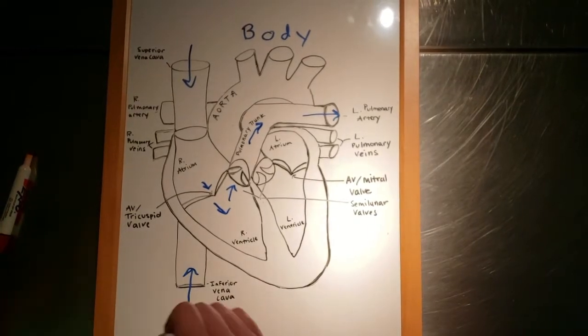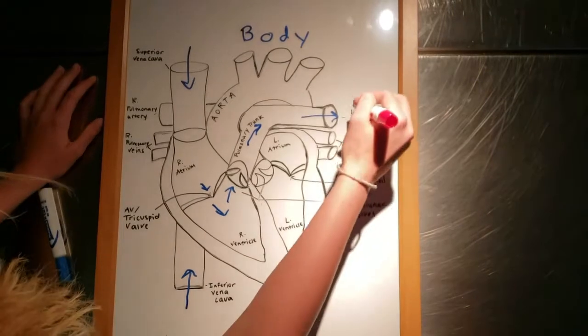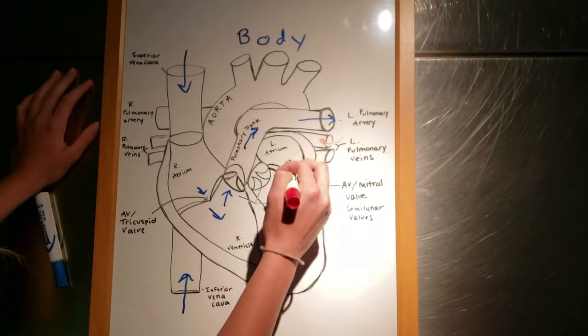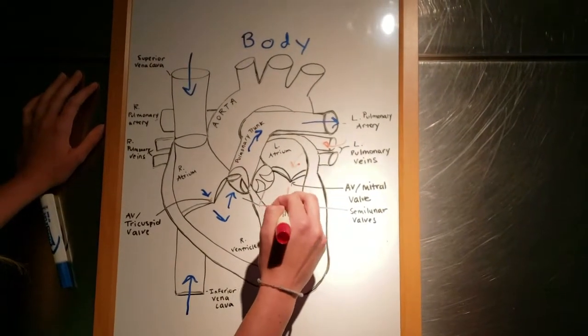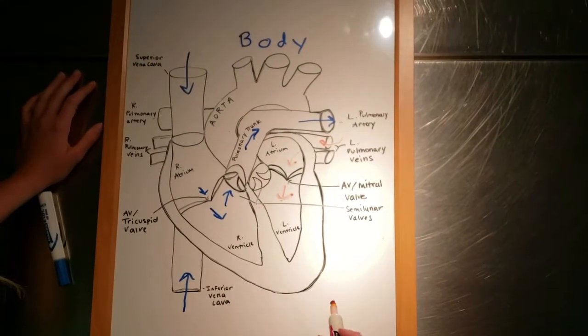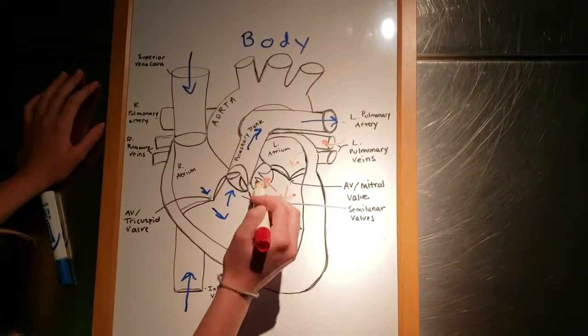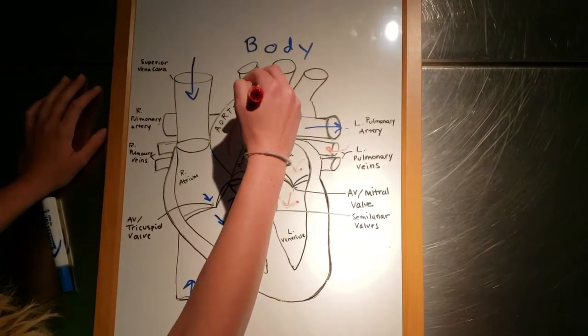After that, it has entered the lungs and become oxygenated blood. It will come through the left pulmonary veins into the left atrium, where it will then go through the mitral valve into the left ventricle. It then will exit the left ventricle through the aortic semilunar valve and into the aorta and out to the body.